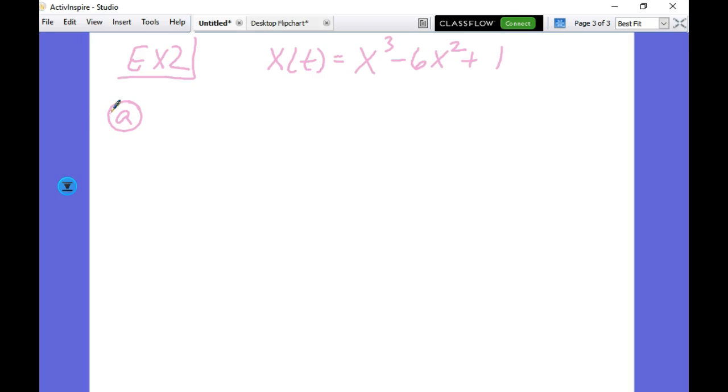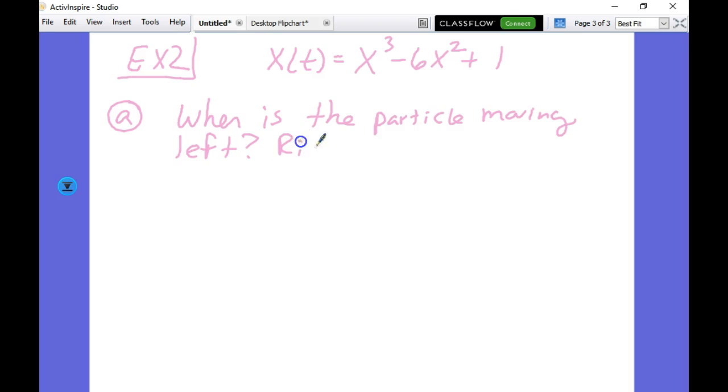The first question is, when is the particle moving left, and when is it moving right? So let's go ahead and copy that down real quick. That's a nice function. It is, and we are going to be doing it by hand. Some of it, anyway.